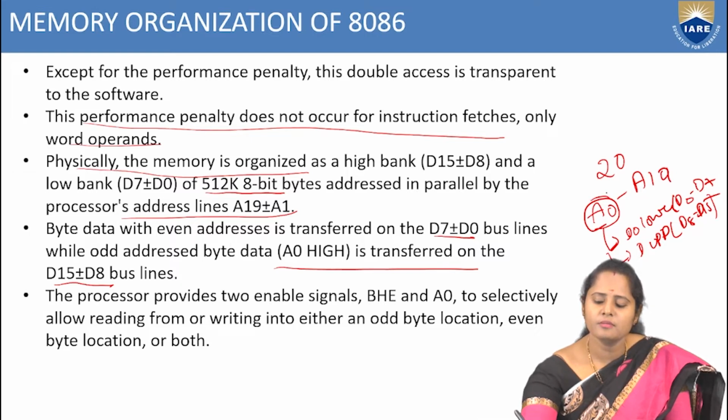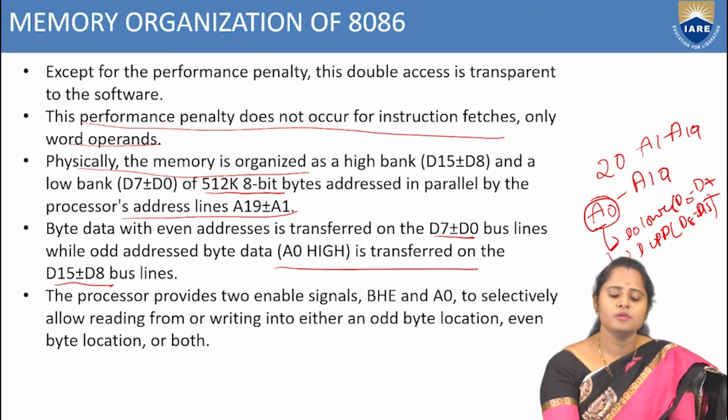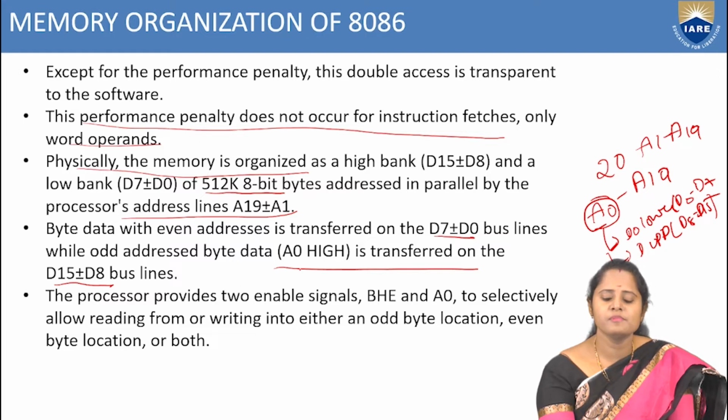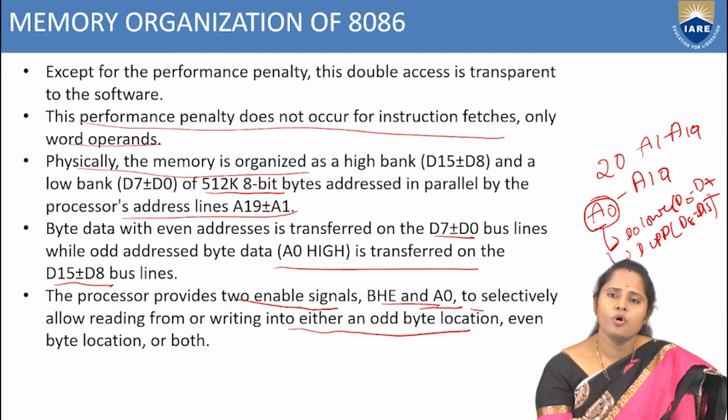A0 is assigned separately, and the remaining lines, A1 to A19, are used to access the data from the even bank and the odd bank. And the processor provides two enable signals, BHE and A0, to selectively allow reading or writing in either the even bank, the odd bank, or both.